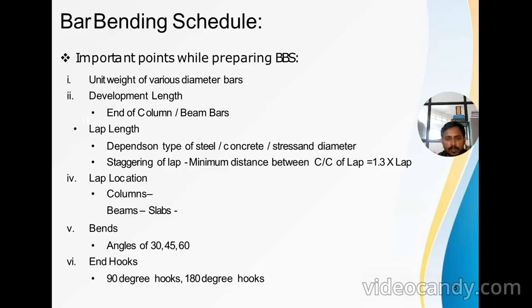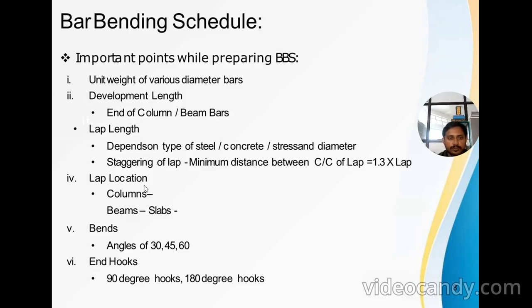So that is the formula if you maintain a 45 degree angle: equals 0.42 d, where d is the diameter. If you take an angle of 30 degrees placed in an inclined direction, that is d by sine 30, which means 2d. d is the diameter of the bar. So generally the formula is 2d.